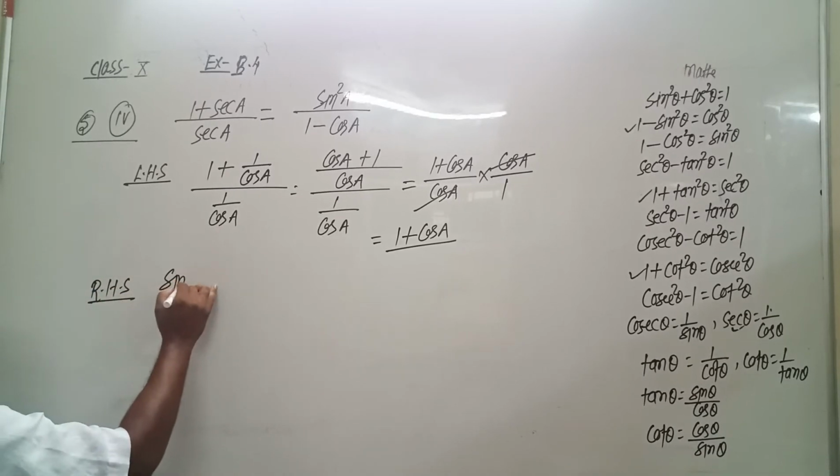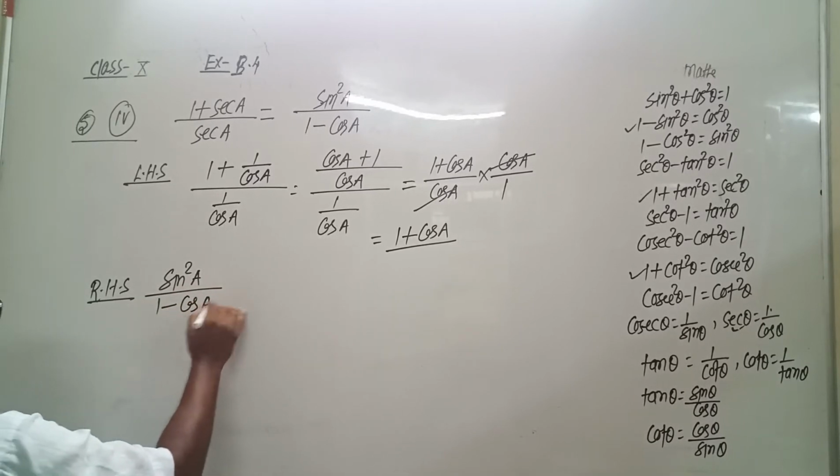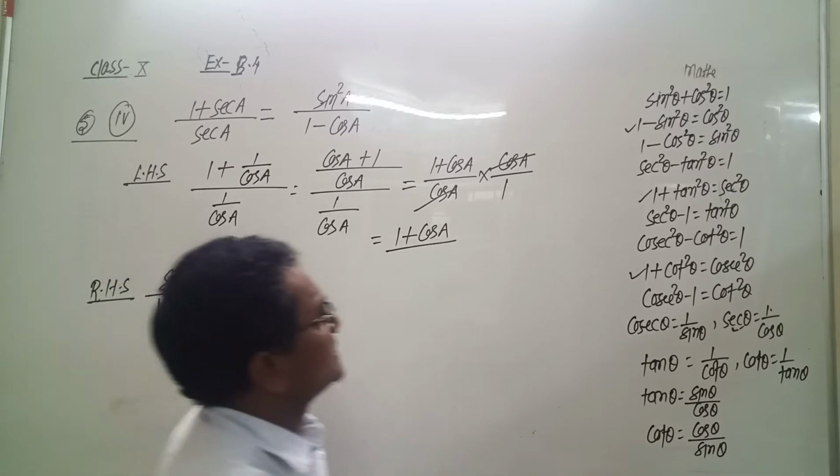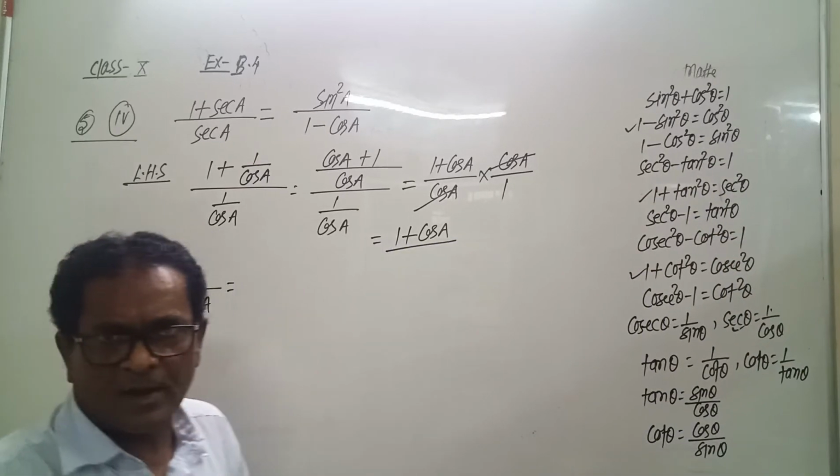RHS is sin square A upon 1 minus cos A. The formula for sin square theta is 1 minus cos square theta.